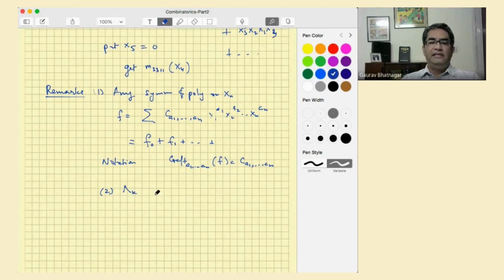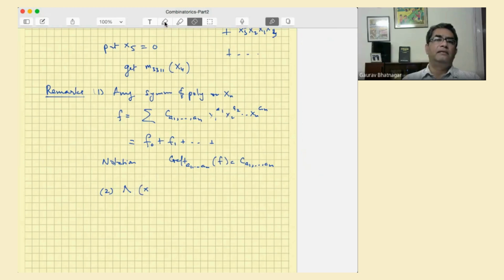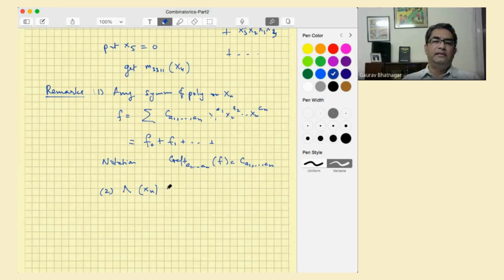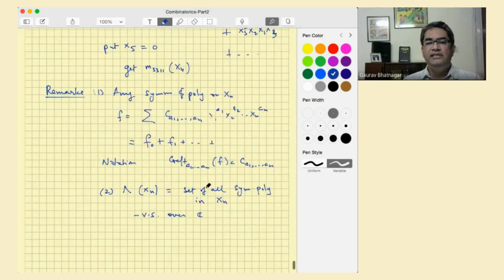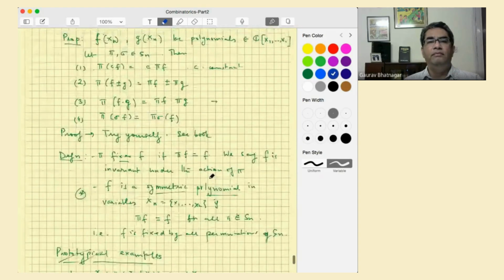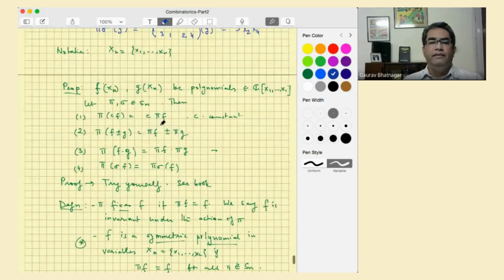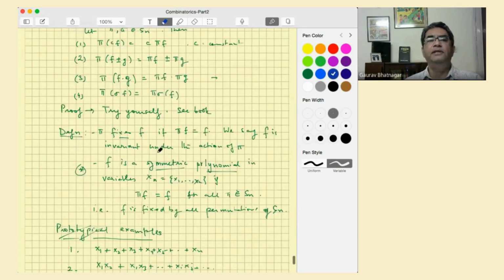If you take this, the set of all symmetric polynomials in Xn, this is a vector space over the underlying field C. So this follows from the proposition we did, that C times this thing will also be a thing, and F plus minus G will also be a thing.